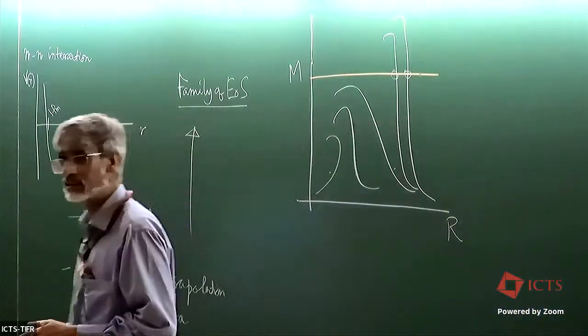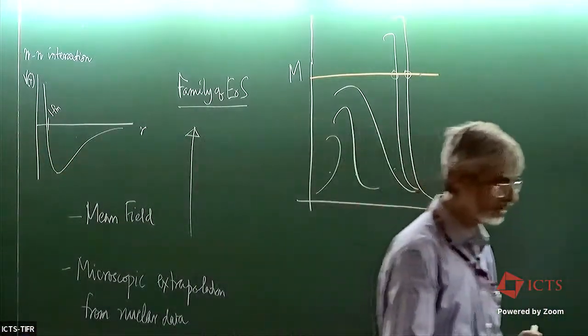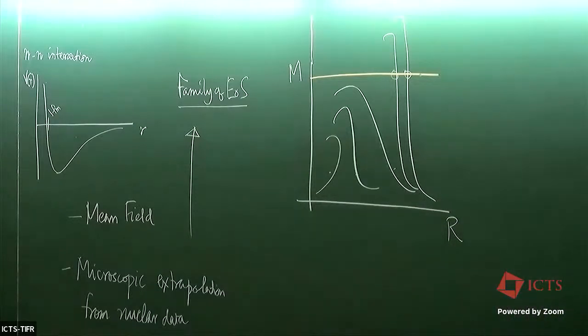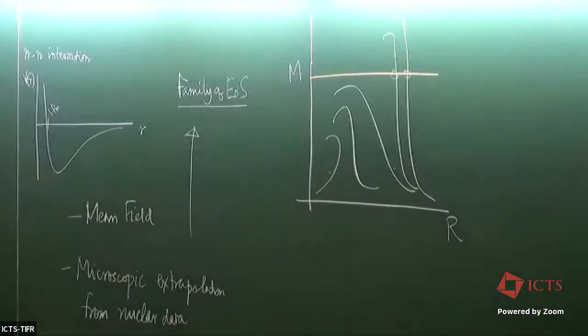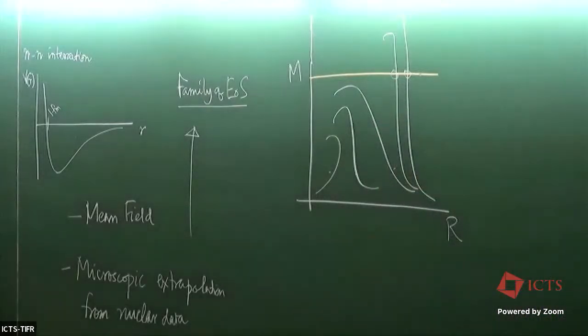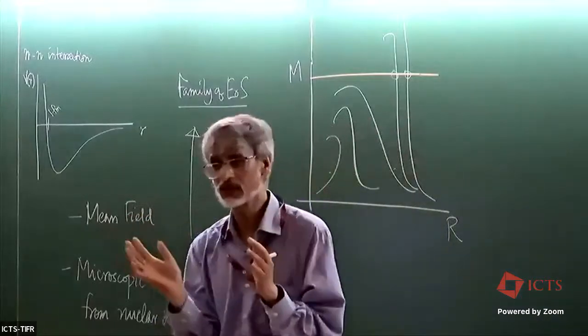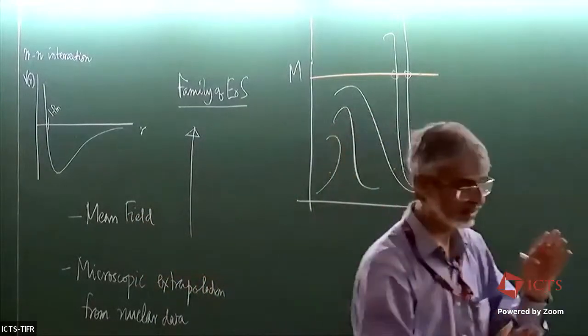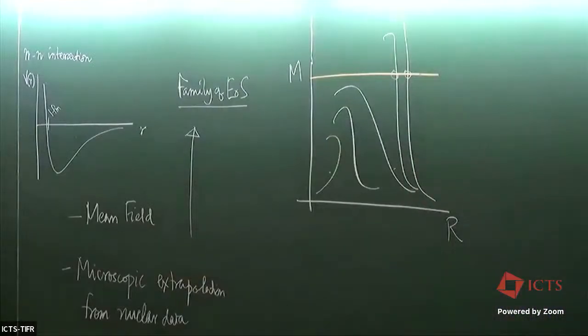It is not only mass and radius. You can also compute other quantities based on these same models. One of them is the moment of inertia. A moment of inertia can be measured in a system, for example, when you have a binary where you have strong gravitational force between two neutron stars, and the angular momentum not being all aligned will cause the angular momentum of one of the neutron stars to precess.